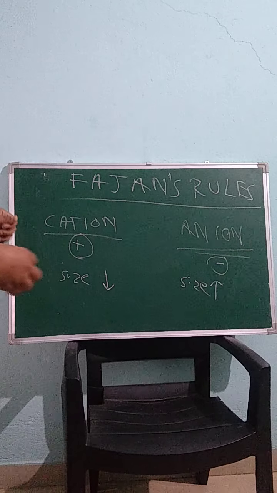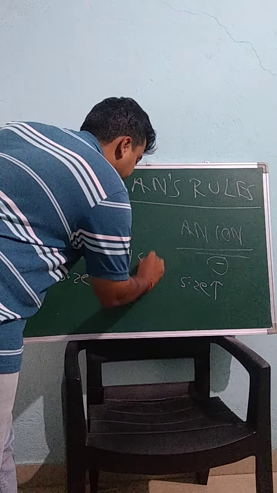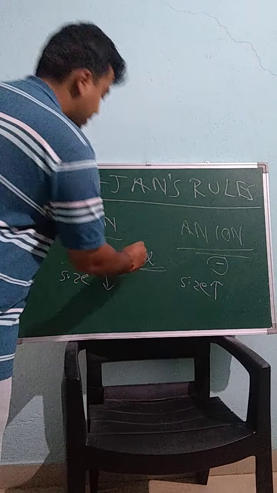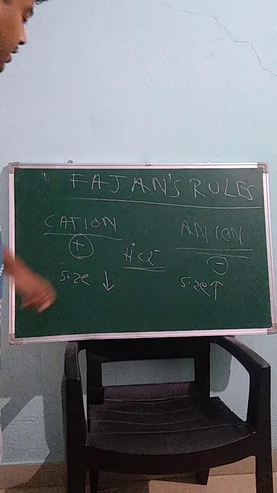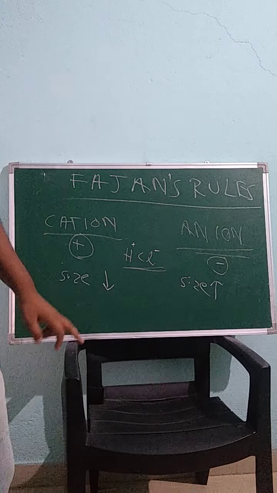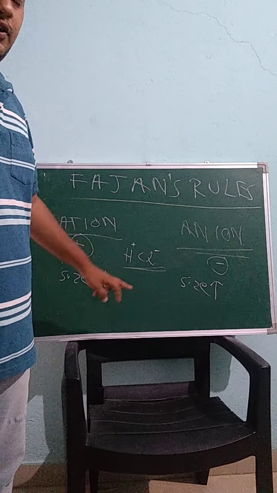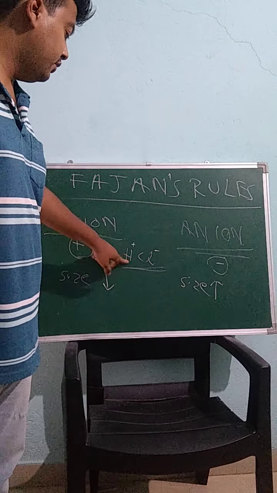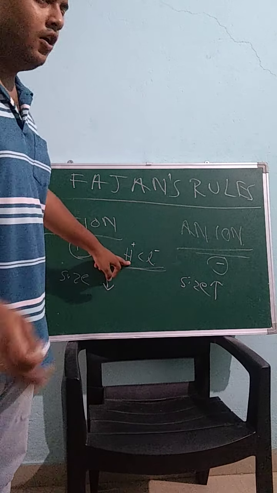One example is the HCl molecule. Here the cation is H and the anion is chlorine, because the one electron of hydrogen will be donated to the chlorine atom. In that way, chlorine will have its octet complete and obtain a stable position, and hydrogen also will have its octet complete by losing its only electron.